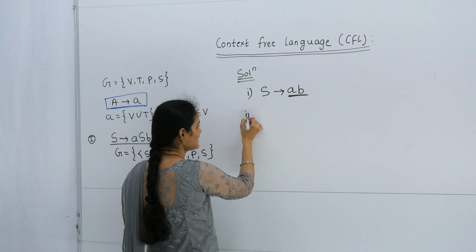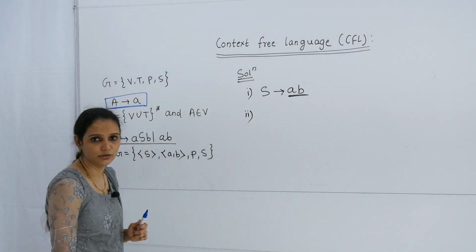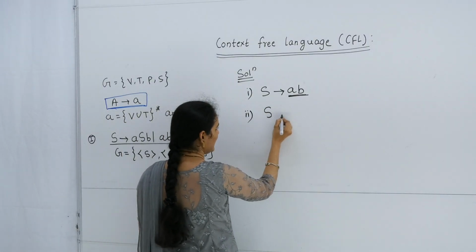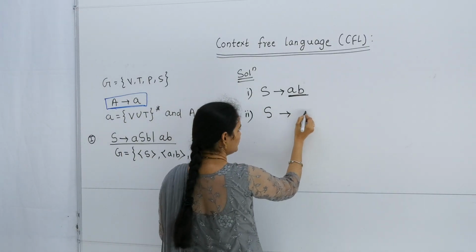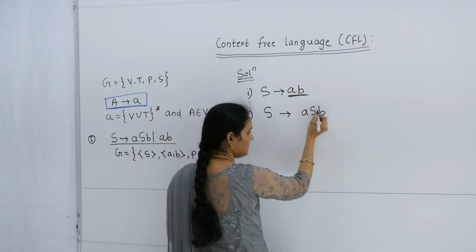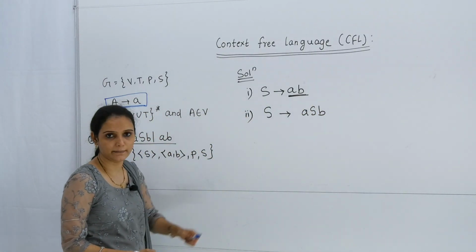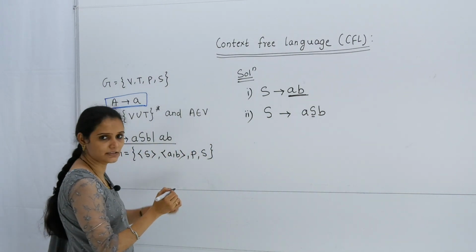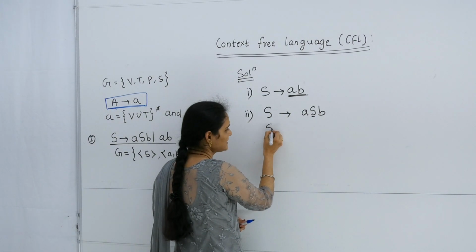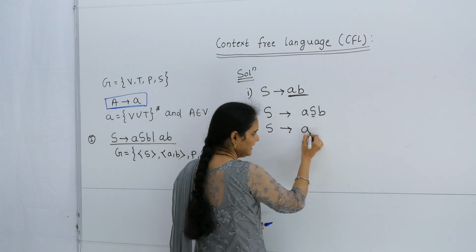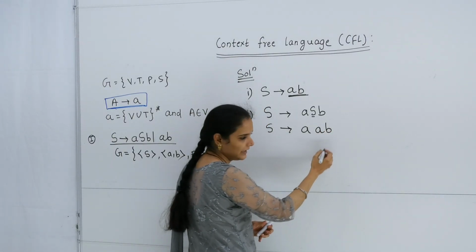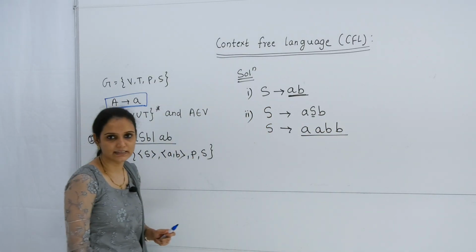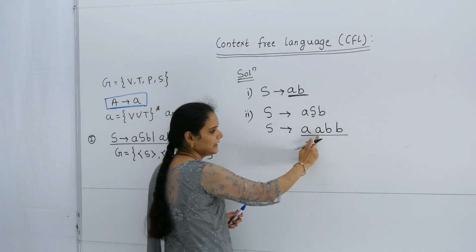Then students, the second string we are going to derive by using the production rules. Suppose S produces ASB. One non-terminal is there which is S, and that S can be replaced by AB. So S produces A, S replaced by AB, and B. Here we have derived the second string, that is AABB.